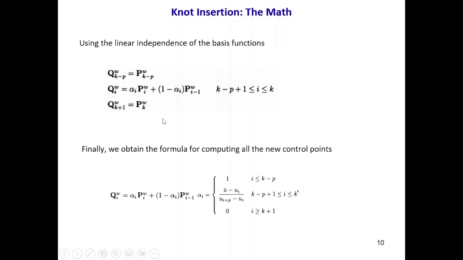All other Q_{k+1} onward will be equal to the old control points only. Here we can obtain the formula for computing all the new control points, which is represented like this.